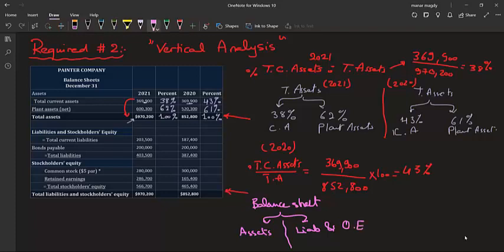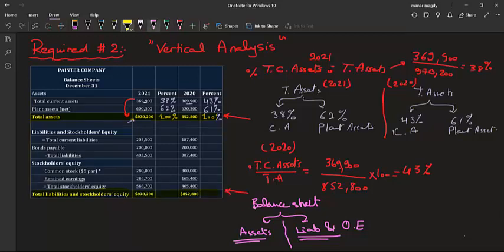So this is our total that we're comparing to. Here the total that we're going to compare to is the total of liabilities and stockholders' equity, while here we were comparing only to the total assets. So take care in this part.